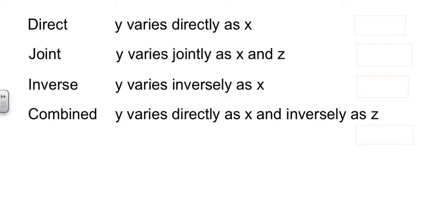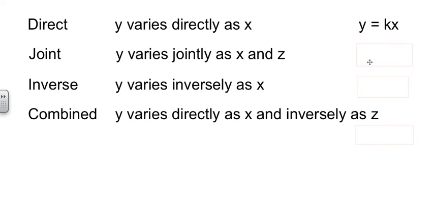We've looked at several different kinds of variation, and so I've got a summary page here for you. When you see varies directly, y varies directly as x, y will equal kx. Whatever is here goes by itself. Whatever's directly as goes over here with the k.